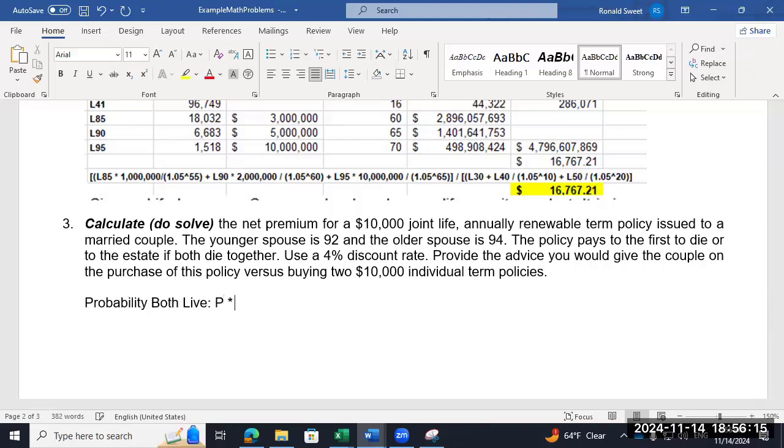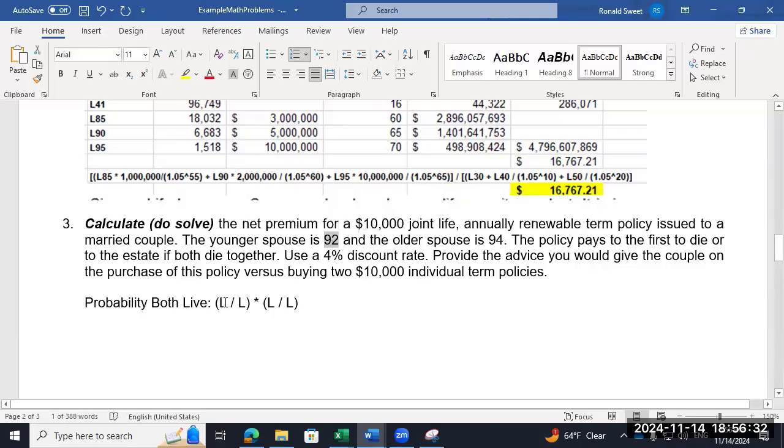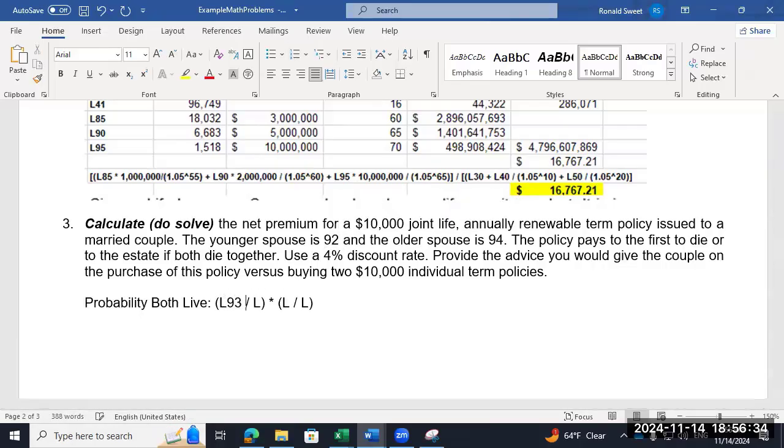That's going to be a P times a P, it's going to be an L over L times an L over L. So up here, you have one who's 92. So you're going to do L93 over L92.